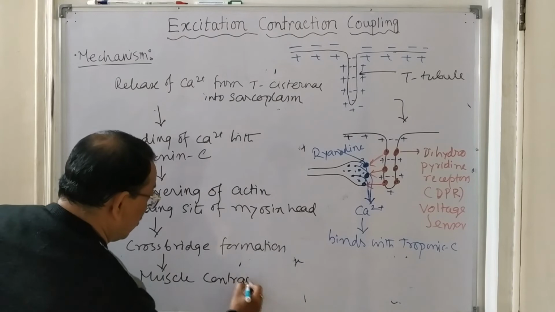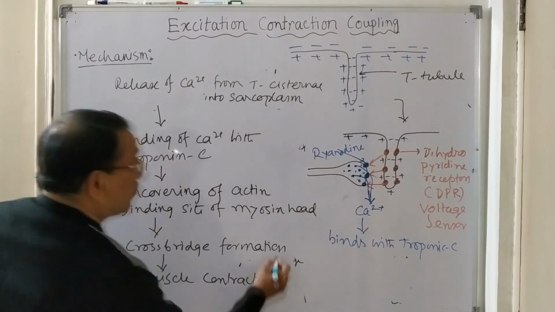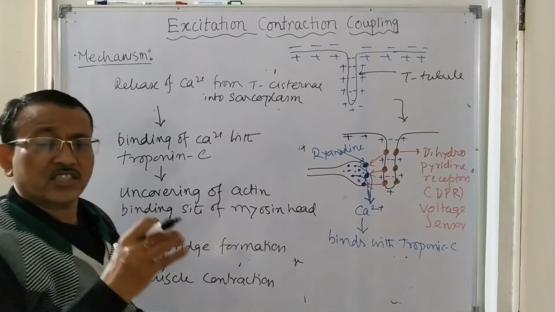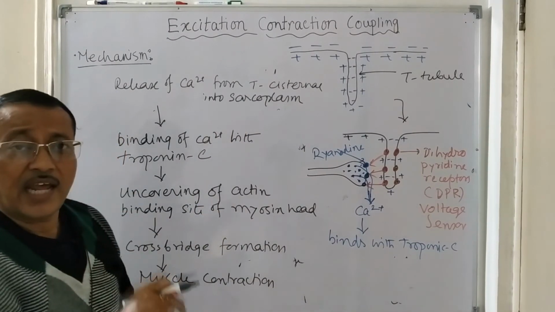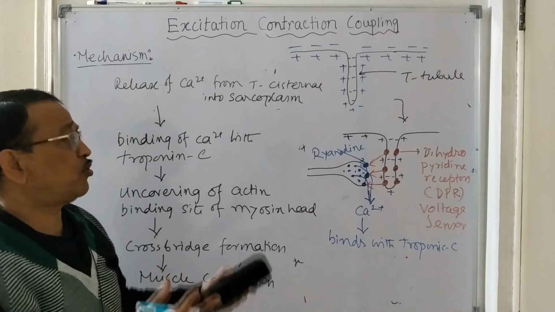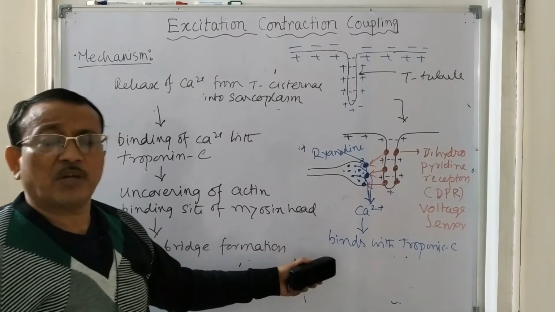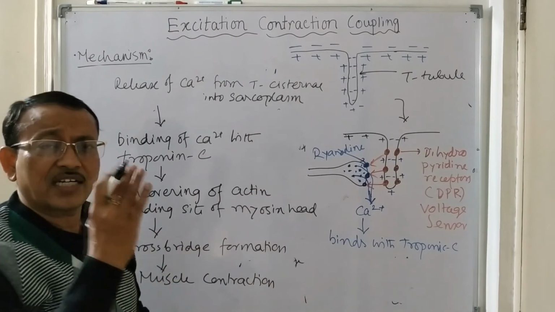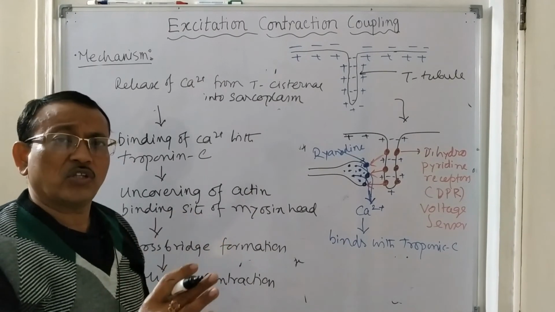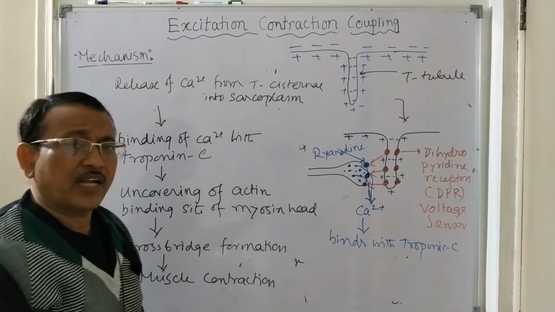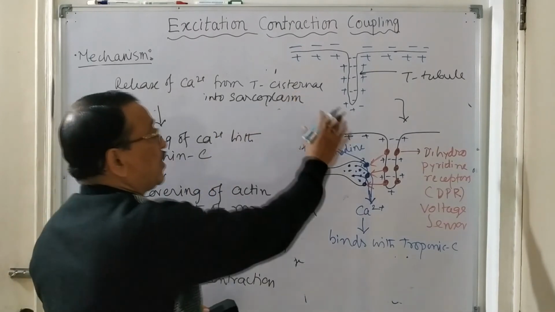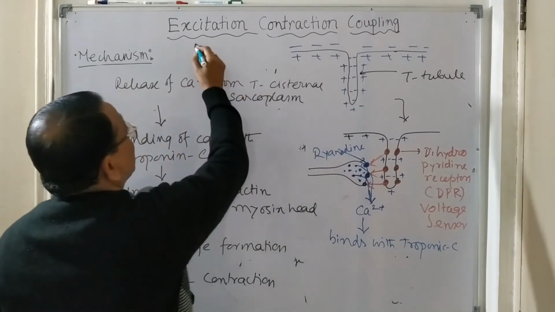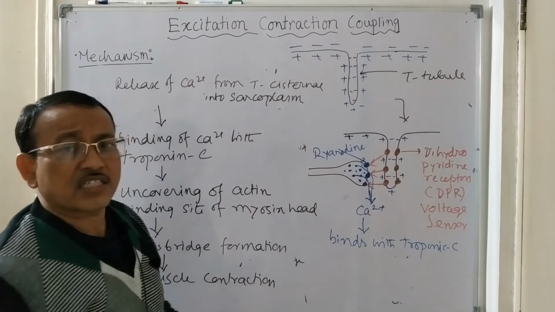So this is how the excitation of the motor neuron results in the excitation of the muscle membrane, and that in turn is responsible for contraction of the muscle. In this case, two phenomena, the electrical phenomenon, get coupled with the mechanical phenomenon by the help of a coupling agent, calcium ions, and thereby this phenomenon is known as excitation contraction coupling.